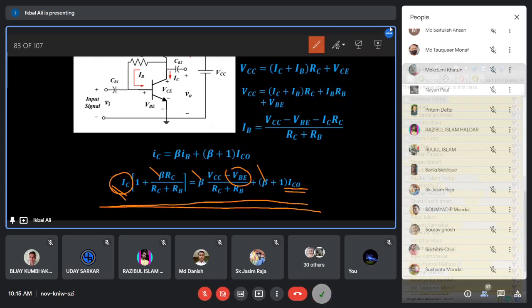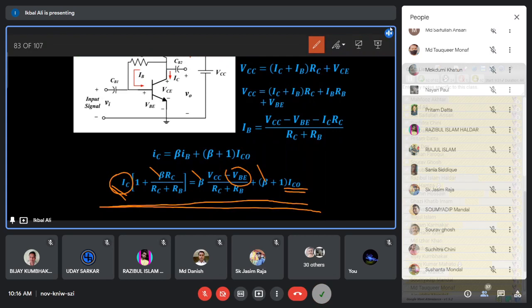You don't have any control over the temperature changing the parameters beta, VBE, and ICO. If the temperature changes, these three parameters will definitely change. But you can control the collector current change, because it is circuit dependent. If beta, VBE, and ICO change, but you can design a circuit where the collector current change will be minimum, there you have the control.